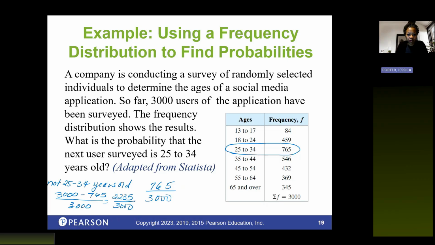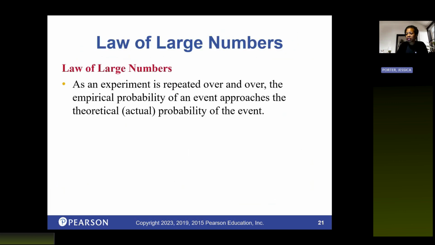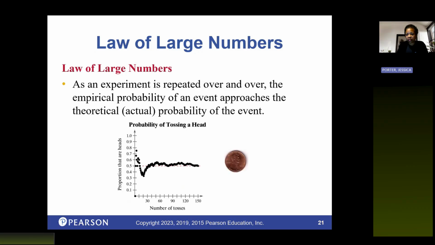So let's hop skip over to the law of large numbers. As an experiment is repeated over and over, the empirical probability of an event approaches the theoretical or actual probability of the event. If you notice here, the probability of tossing a head was kind of high when the number of tosses was low, right? So maybe I was getting a bunch of heads.